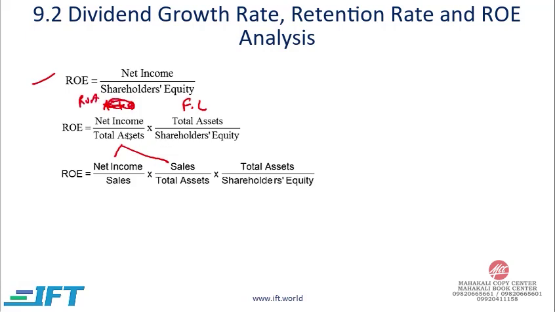So return on assets can be decomposed as the profit margin times the asset turnover, and then the financial leverage obviously just comes down.